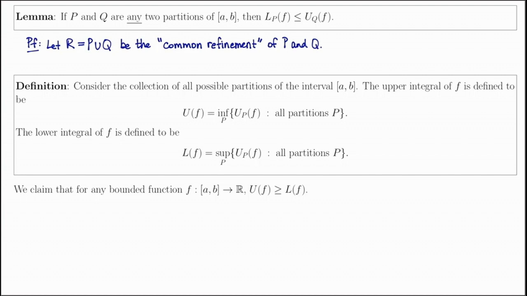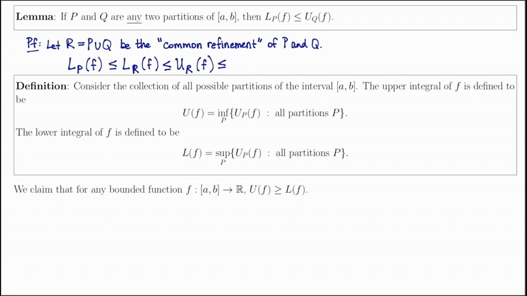Based on our previous lemma, we can say that the lower sum of f with respect to P is less than or equal to the lower sum of f with respect to R because R refines P. But when we set up lower and upper sums, the lower sum of f with respect to a given partition R is smaller than the upper sum of f with respect to the same partition R. So I can say that the lower sum of f with respect to R is less than or equal to the upper sum of f with respect to R. But now R is also a refinement of Q. And as you refine, your upper sums go down.